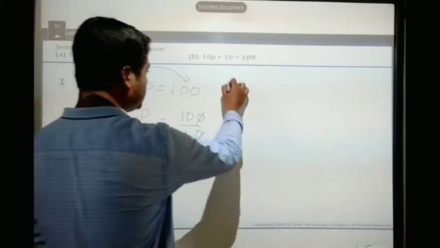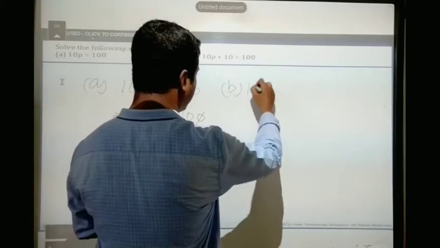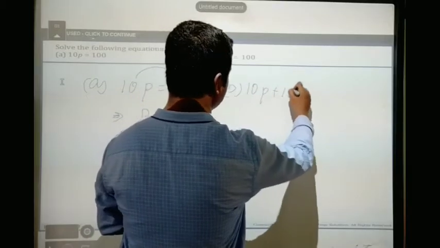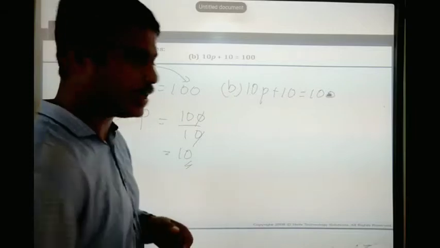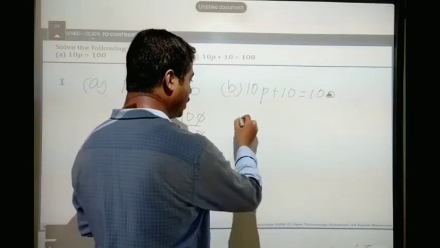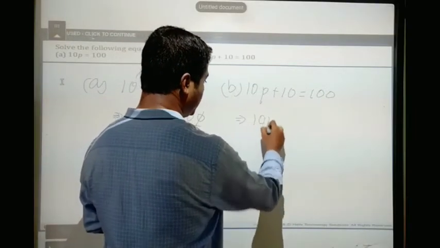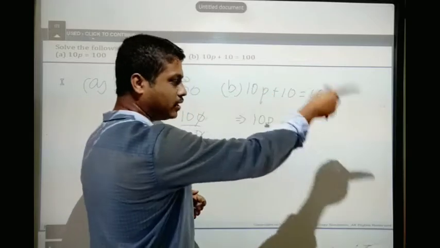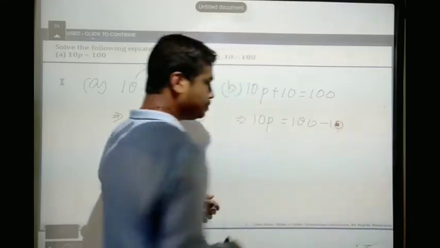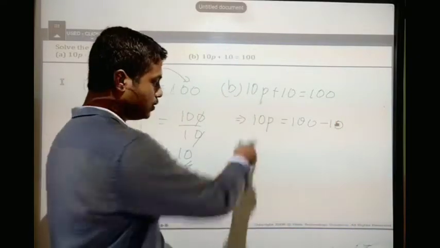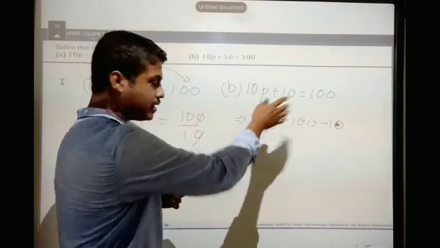Okay. Question B. 10p plus 10 is equals to 100. First of all, separate the variable 10p, put the constant on the right hand side, 100 minus of 10, but one constant is still left out, this 10, we have to put on the right hand side.